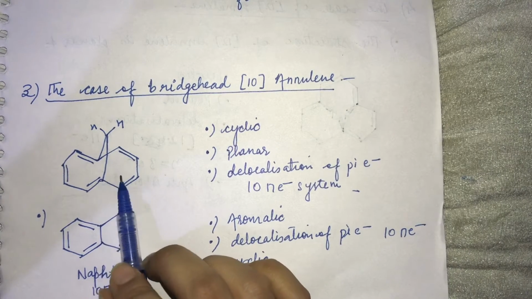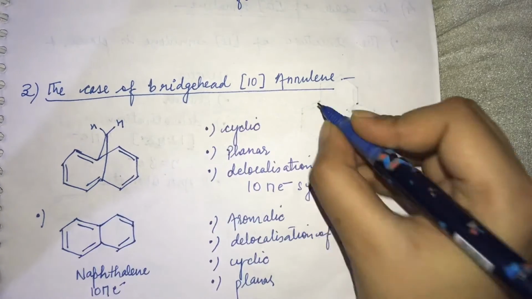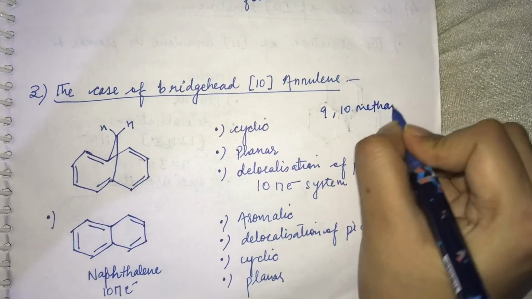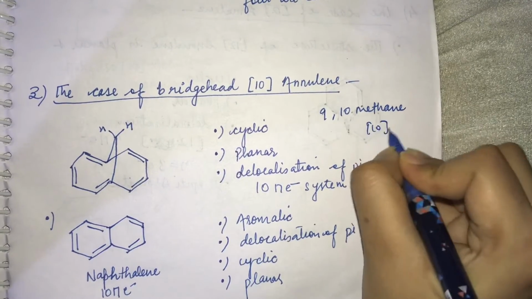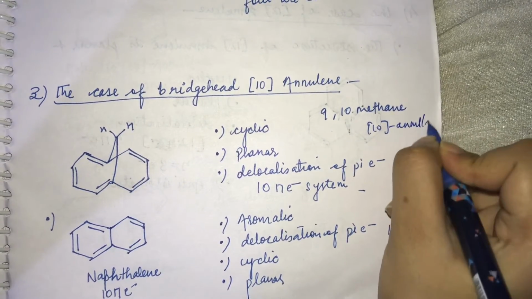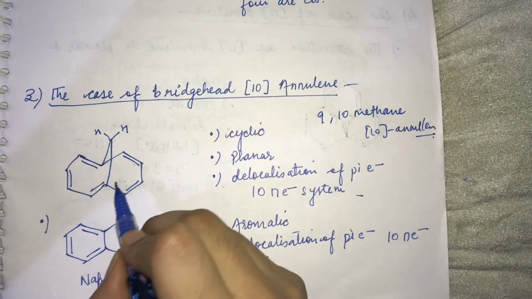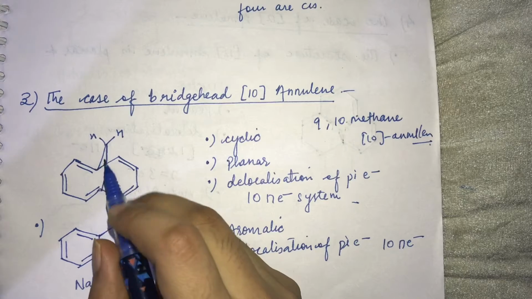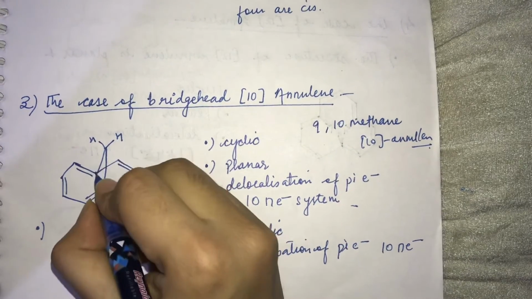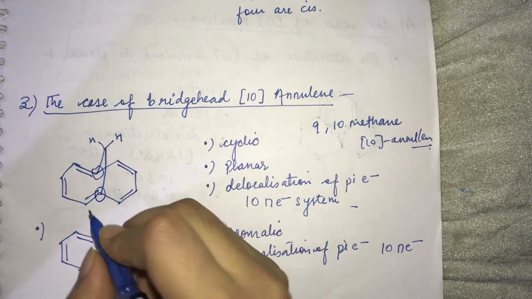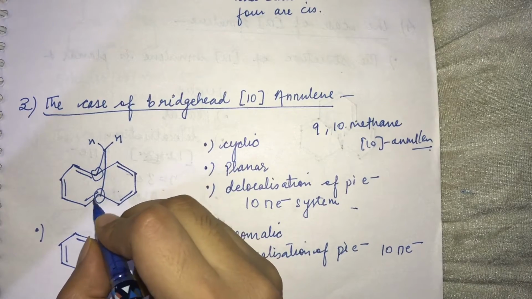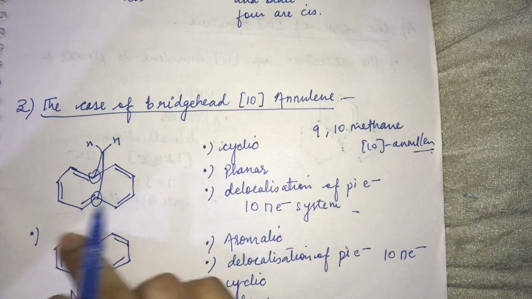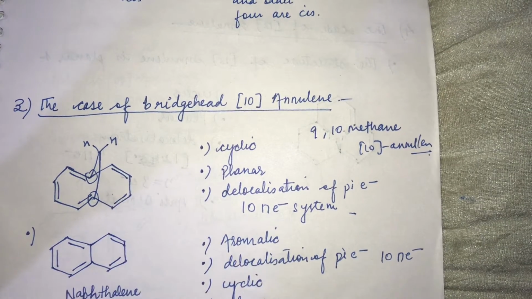This is 9,10-methano-10-annulene. Here the bridge carbons are 9 and 10, which are still sp2 hybridized, but there are no hydrogen atoms causing strain.